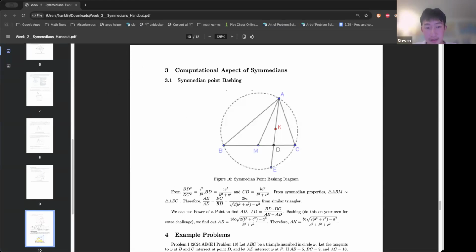The area of BKC over the area of the quadrilateral ABKC. And you know that the area of the quadrilateral ABKC is equal to the area of triangle ABK plus AKC. It's quite straightforward because you just cut the quadrilateral in half.